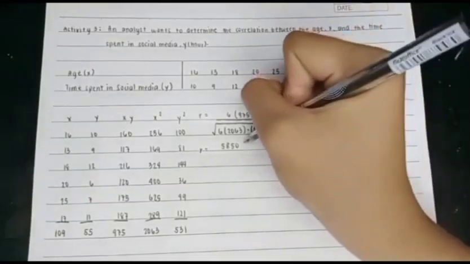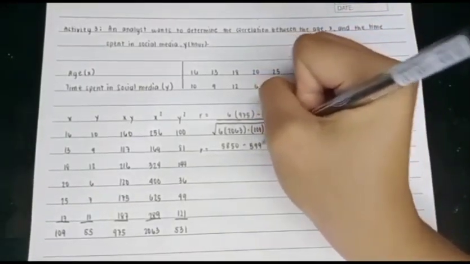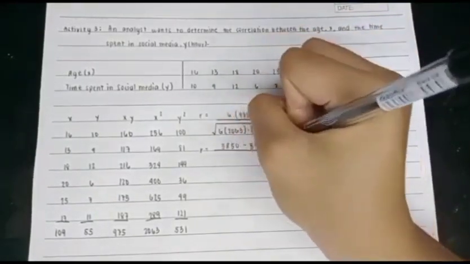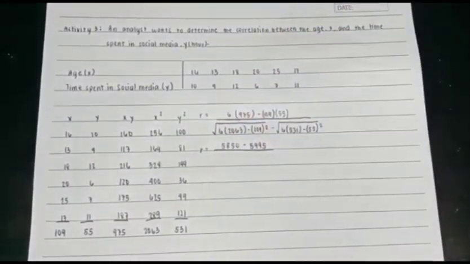And next is 109 times 55. And the answer is 5,995. So, next, proceed naman tayo dito sa baba.